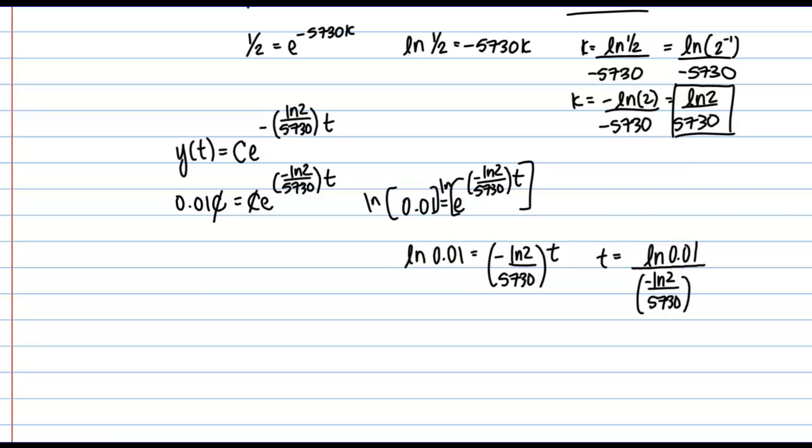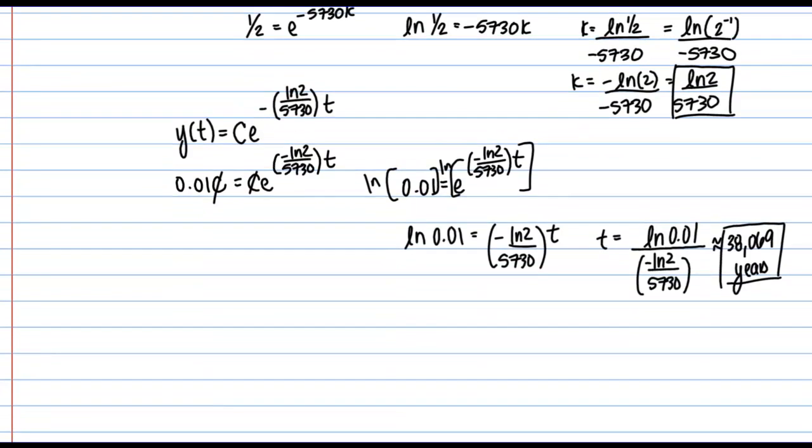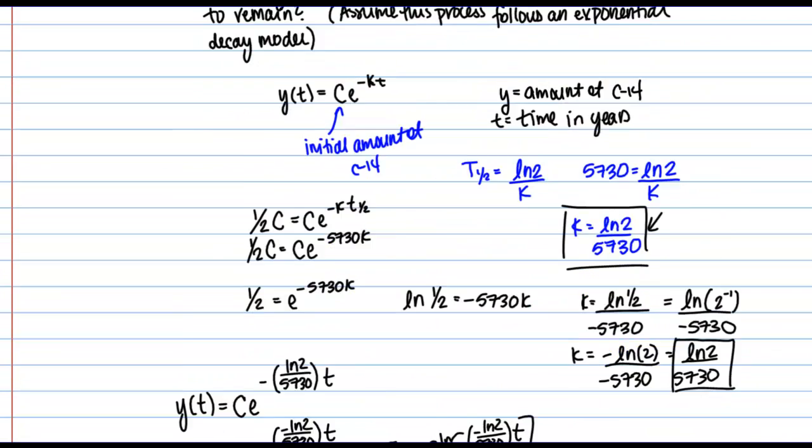And if you evaluate that, get an approximate value, you're going to get about 38,069 years. And once again, that's how long it takes to decrease to 1% of the original amount of carbon-14.